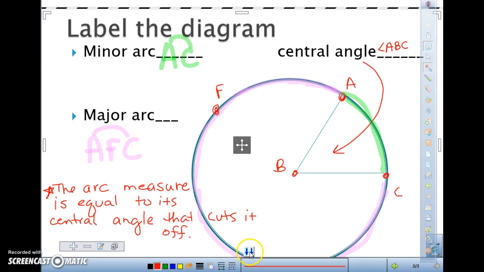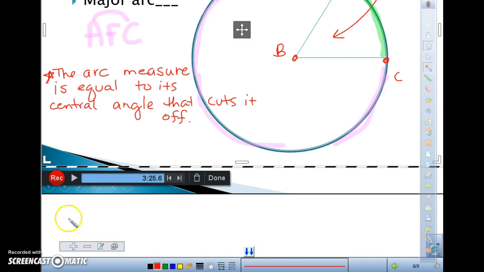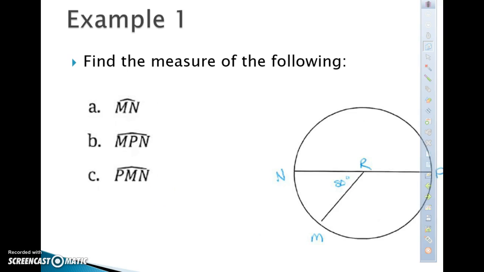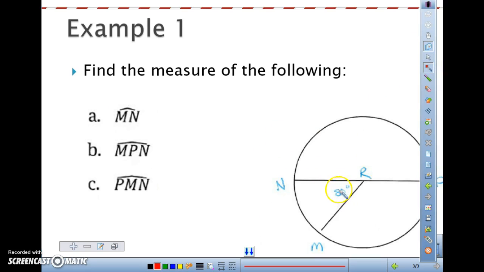We're going to find the measure of each of the following arcs here. This is an 80 degree angle. I don't know if it copied very well on your sheet, so you may need to annotate on your diagram. This is 80 degrees. Find the measure of the following.